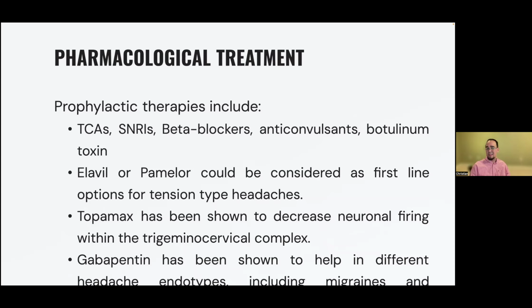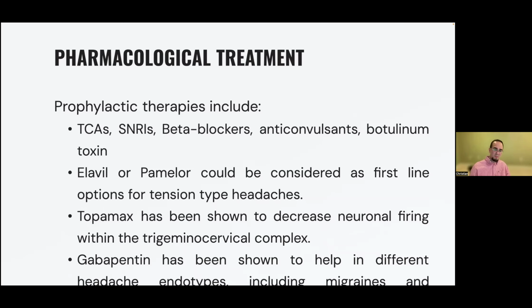Other medications like Cymbalta or duloxetine could be considered. Beta blockers like propranolol and verapamil could be considered as well. Anticonvulsants have been shown to be helpful, especially gabapentin, which has a significantly safe safety profile and could potentially be used in this patient population.